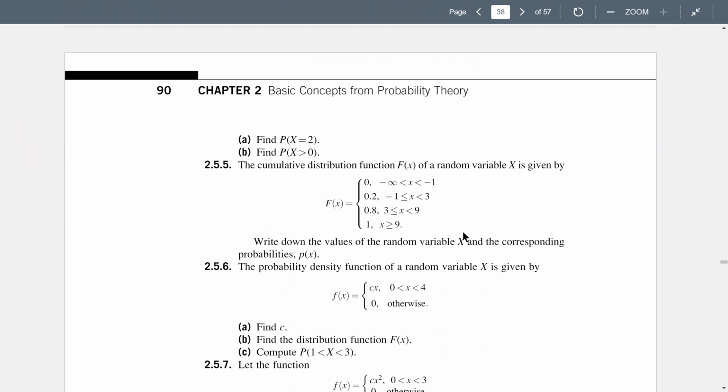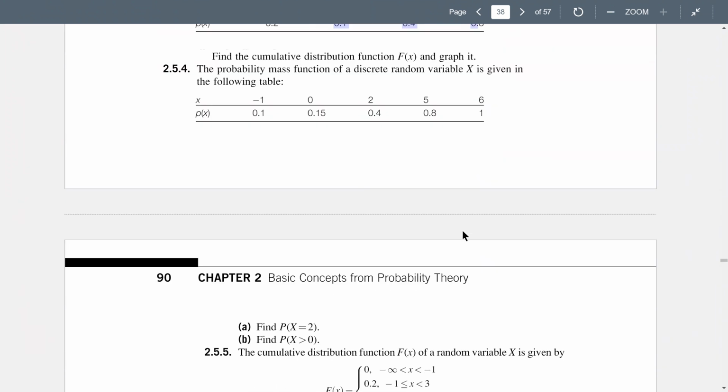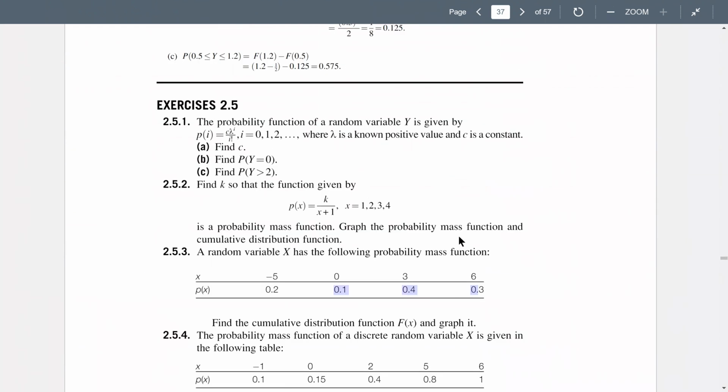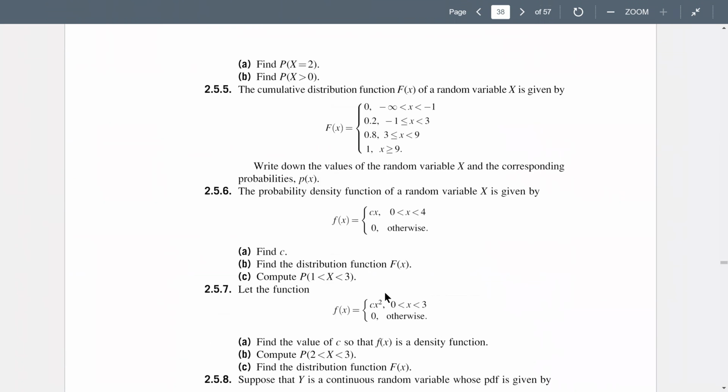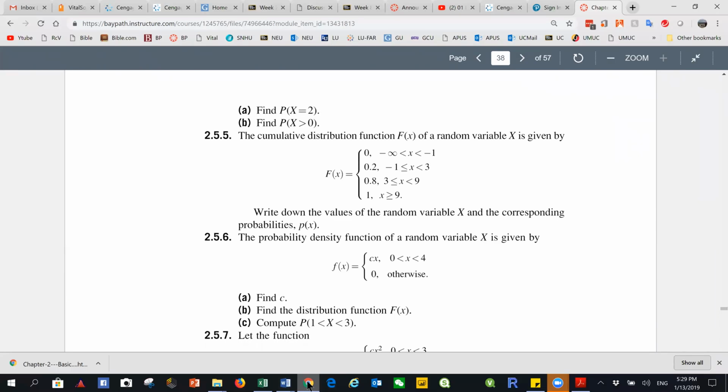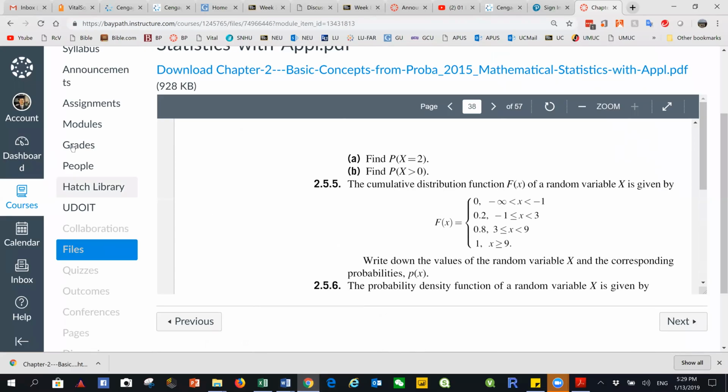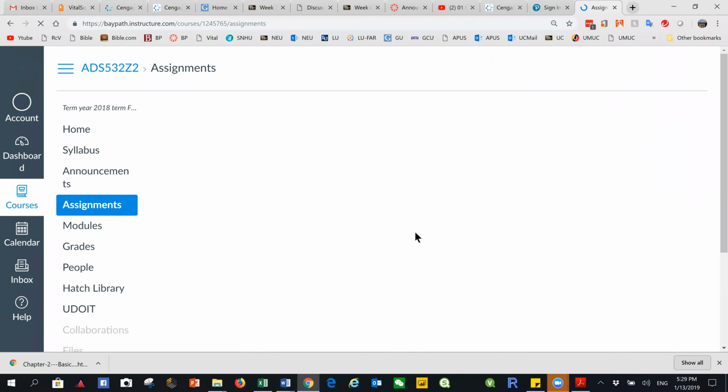This one is incorrect, so I will change a question for you to work on. Maybe 2.5.2, because that question has a mistake. Let me change this to 2.5.2 for you right now before I forget.